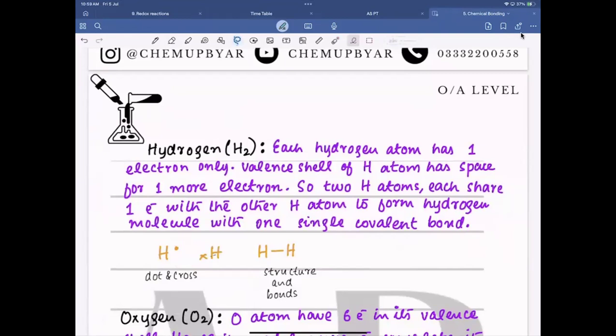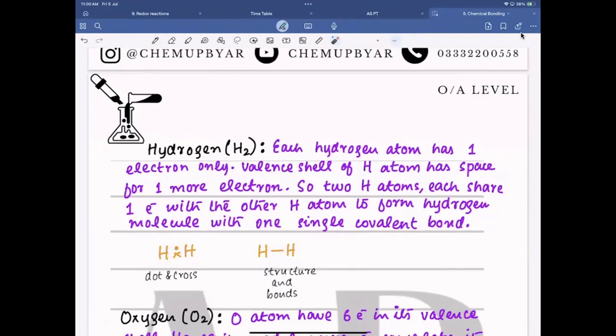But when they come closer and the electrons are shared between the two atoms, it means now these two electrons belong to this one and this one both. So now this hydrogen has 2 electrons and this hydrogen also has 2 electrons. And as there is one pair of electrons shared, we use only a single line to show this covalent bond, and we call it a single covalent bond. Is this clear? Yes, sir.